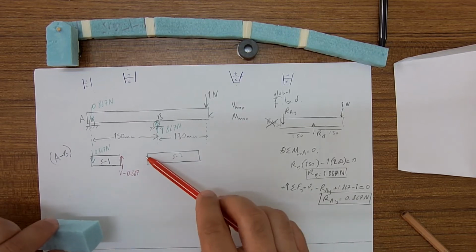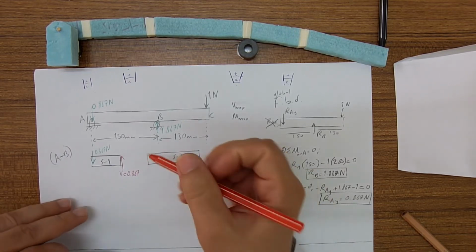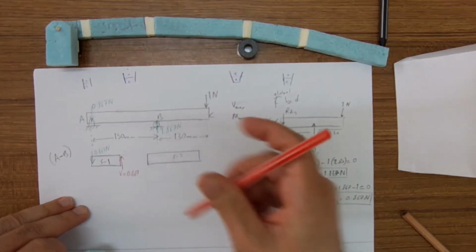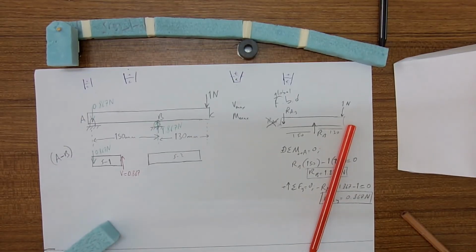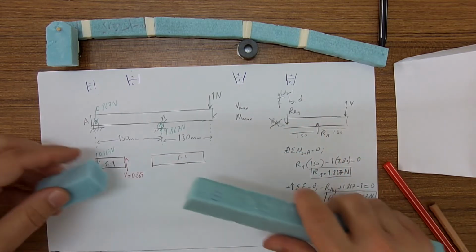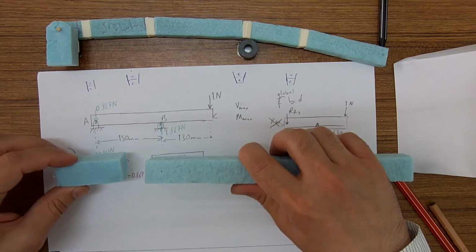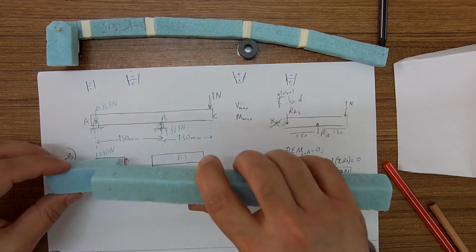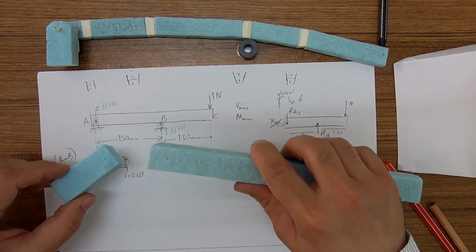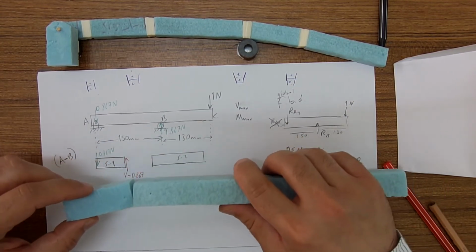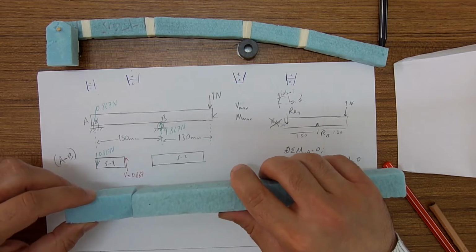Why? Because this face of the segment 2, let me show it, the segment 1, segment 2. This segment 1 was trying to rotate, but this face is correcting it by applying a moment.